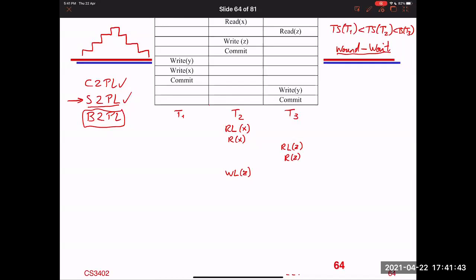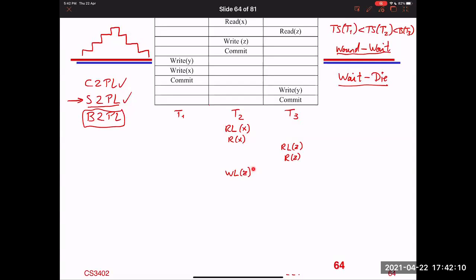Okay, so let's look at the wait-die example.